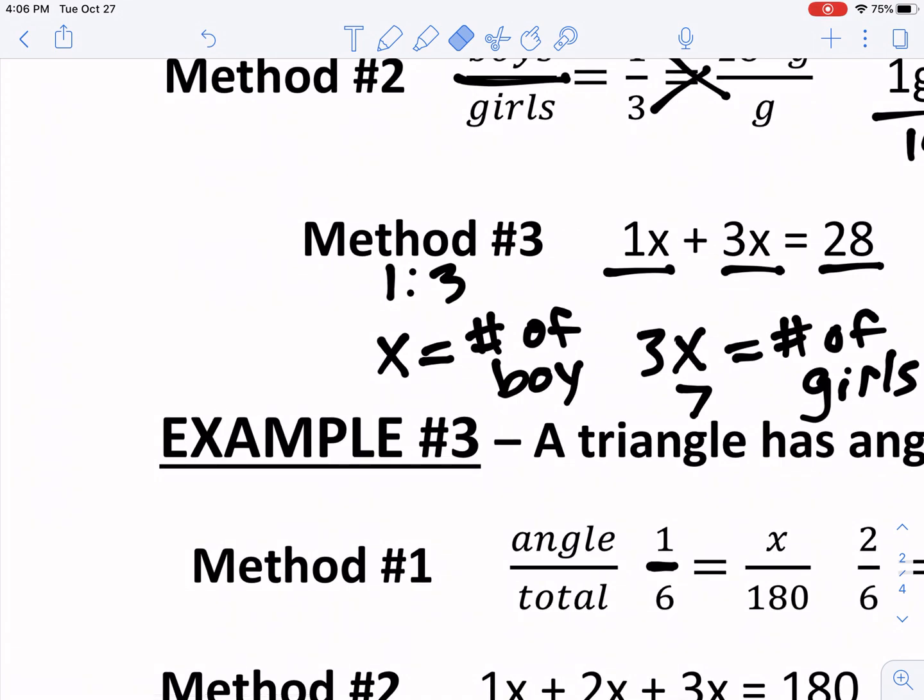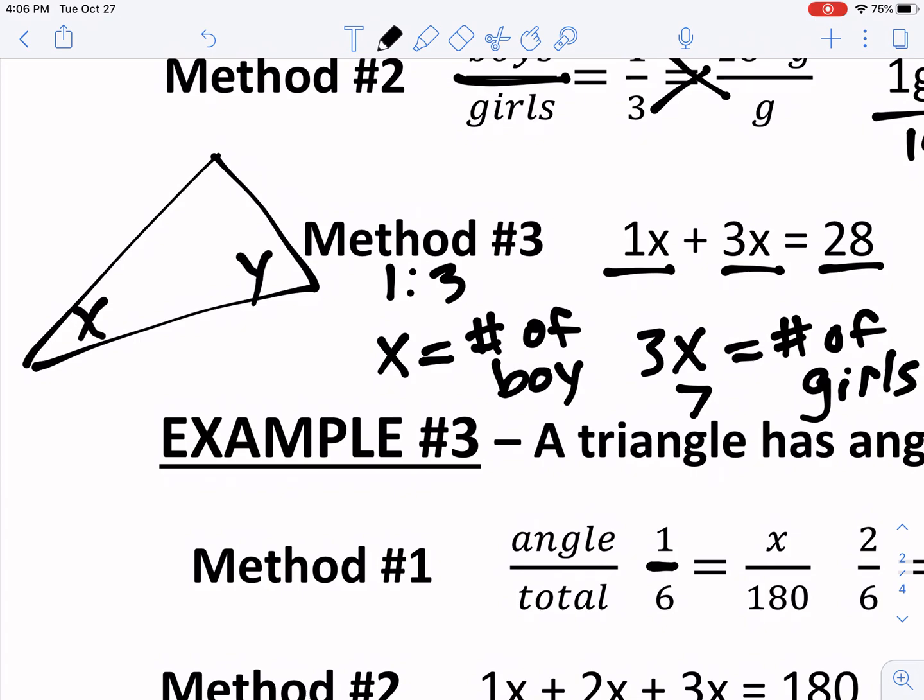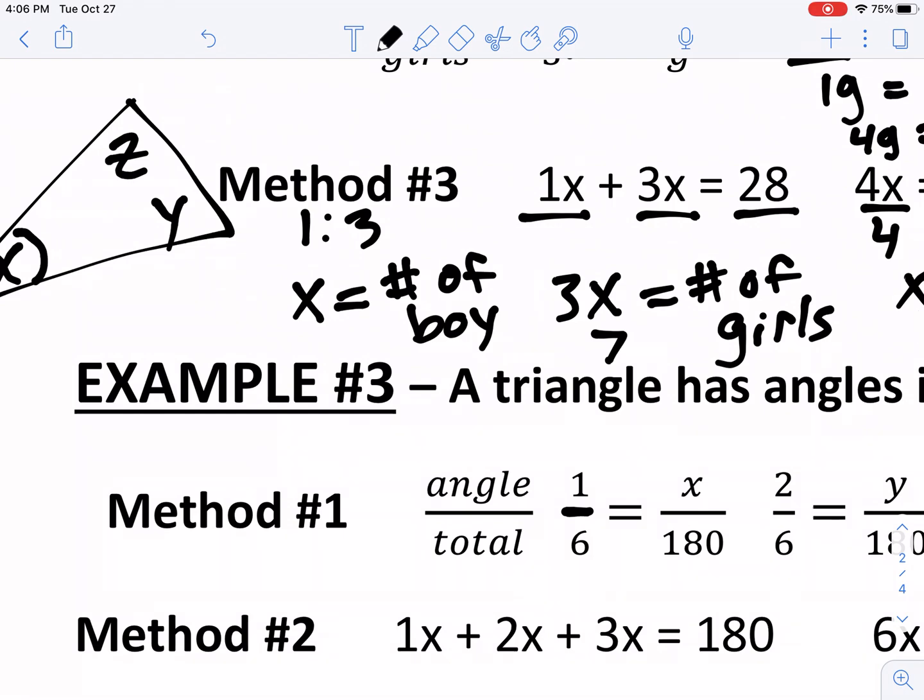If I take a triangle, let's say the first angle is x, the second angle is y, and the third angle is z. What we're saying is, let's say the smallest angle we're focusing on, okay, that measurement is 1 to every 6, then we can set up a proportional ratio to find what the measurement of x is.